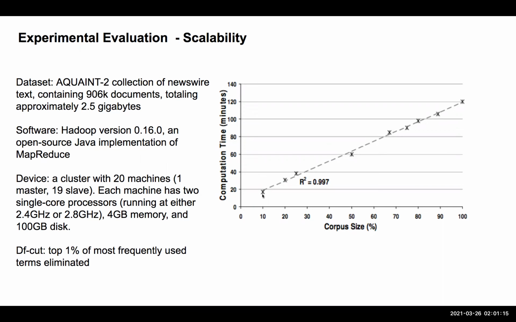If you look into the plot, if you only have 10% of the collection size, the time takes around 20 minutes, while if you have the entire data set, it will cost around 2 hours to finish the computation.